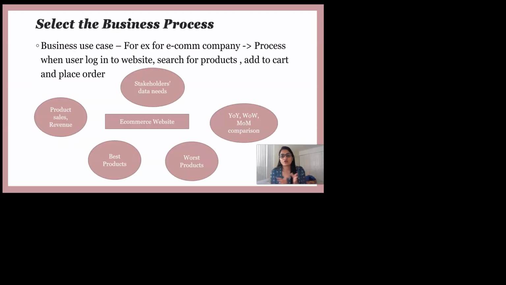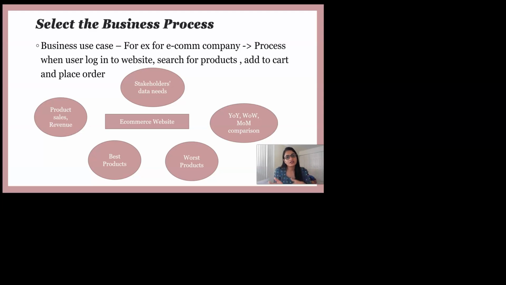So let's talk about how you select the business process. What is a business process? For example, if a stakeholder comes to you with a use case or a business request: I want to do a year-over-year comparison of all the products that are listed in a particular category, and I am interested in how each product is behaving over the years.